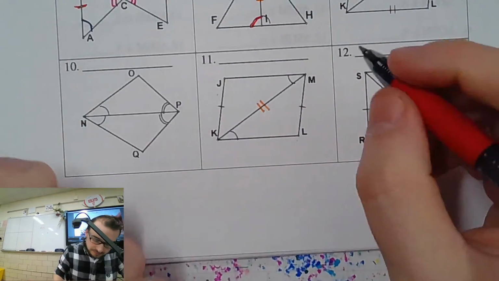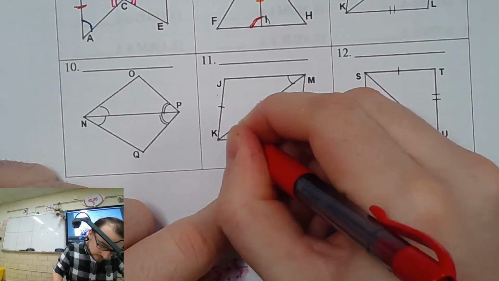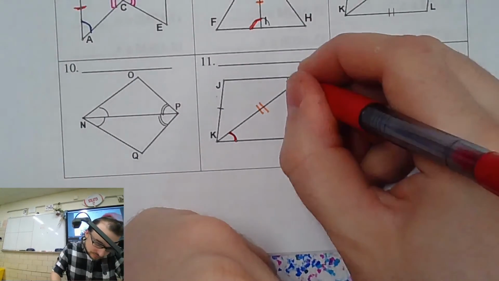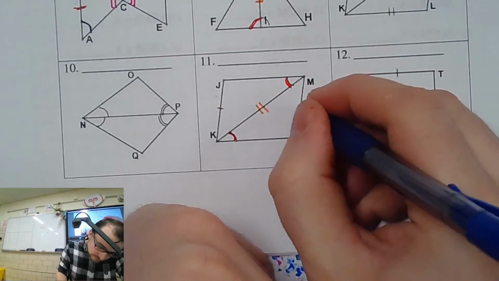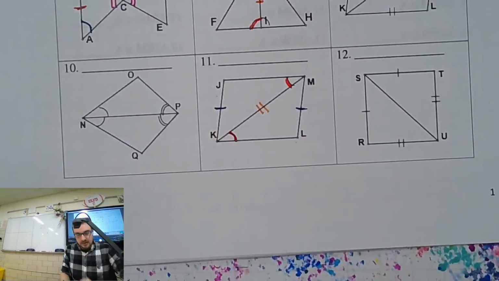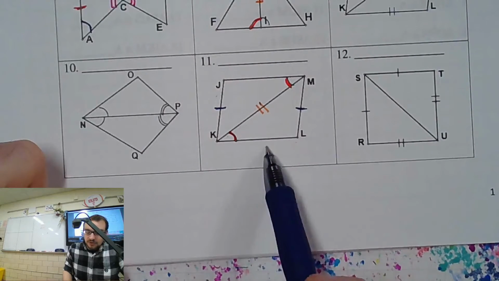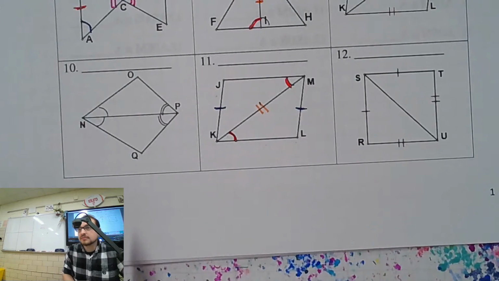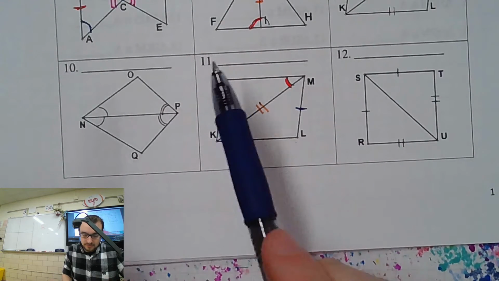Side, angle. Side, angle is ASS. That doesn't work. What about angle, side, side, angle, angle, side? Side, angle, but then we skip a side. See what I'm saying? What if you go from the middle side they share to K, up to the one that's right?